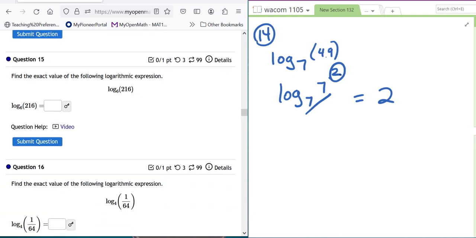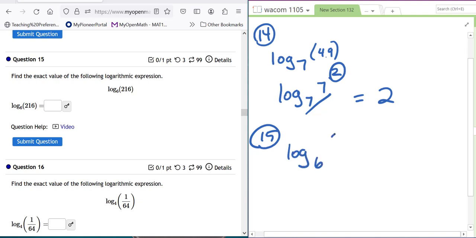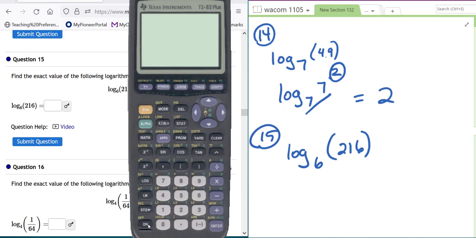Here's one. So you want to rewrite 216 as 6 to some power. So you're going to play with it on your calculator. All right, it's not going to get too big. Let's try 6 to the third. All right, there you go.